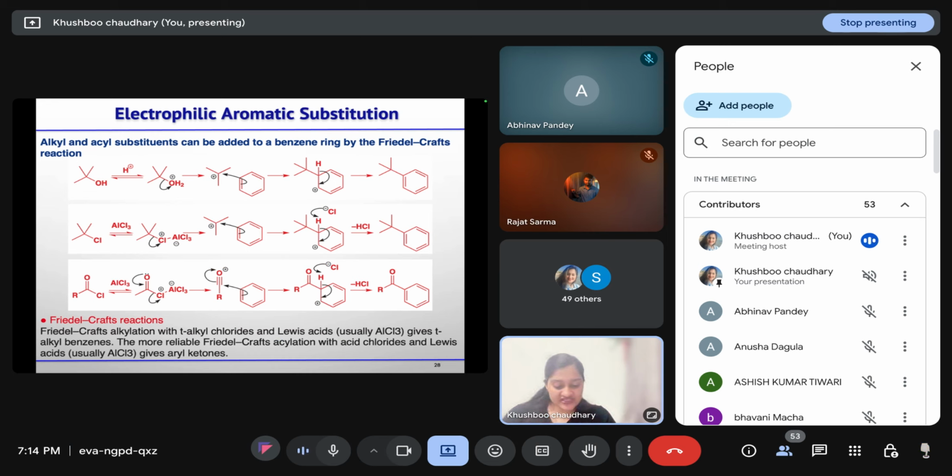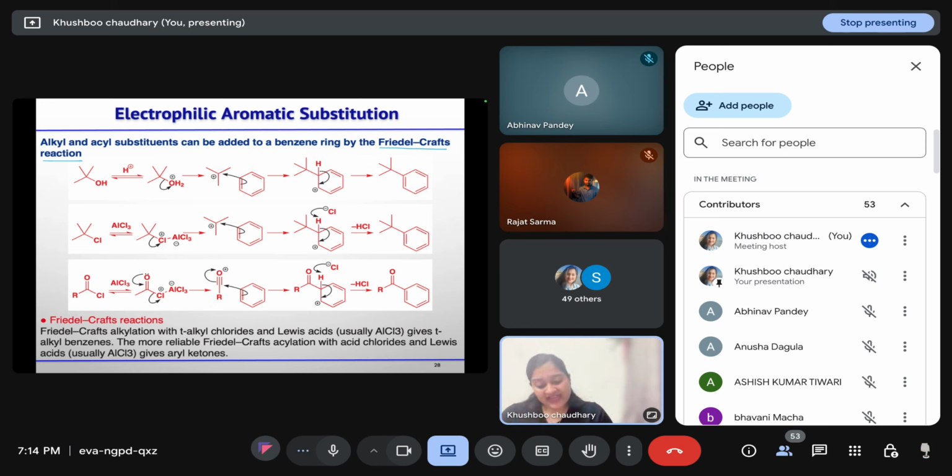Then the next reaction is where alkyl and acyl substituents can be added. The reaction we call Friedel-Crafts alkylation or Friedel-Crafts acylation. Now how will we generate carbocations, and which one is the most stable carbocation? The most stable carbocations are the tertiary carbocations, which are the most reactive ones.